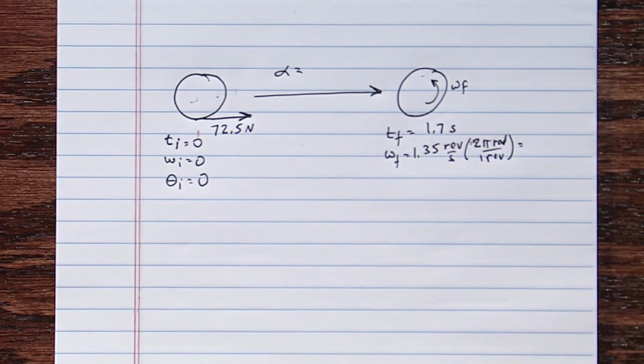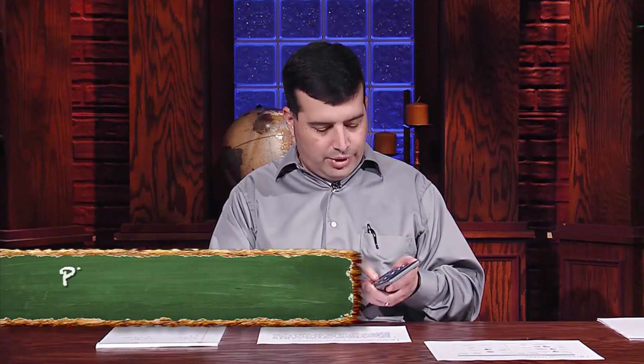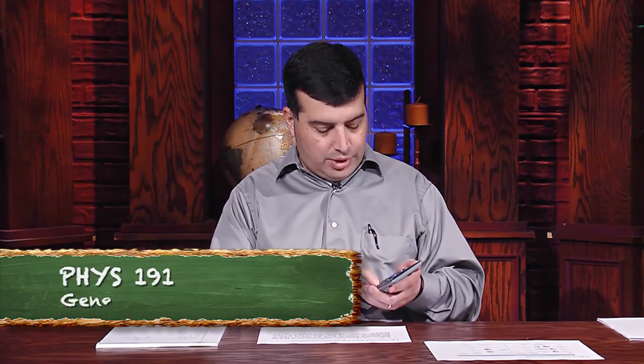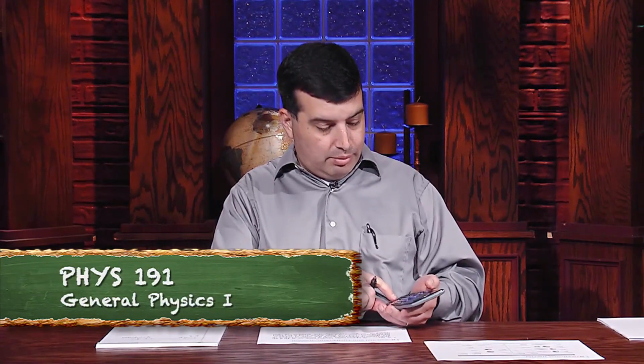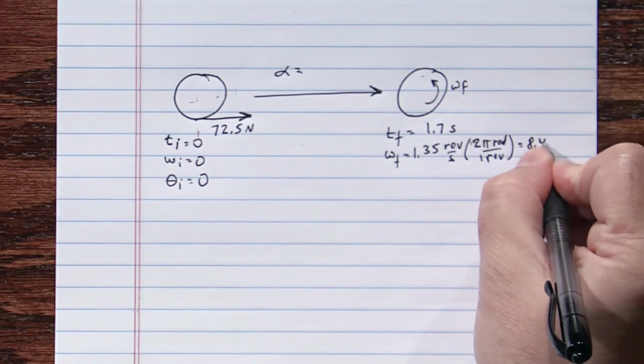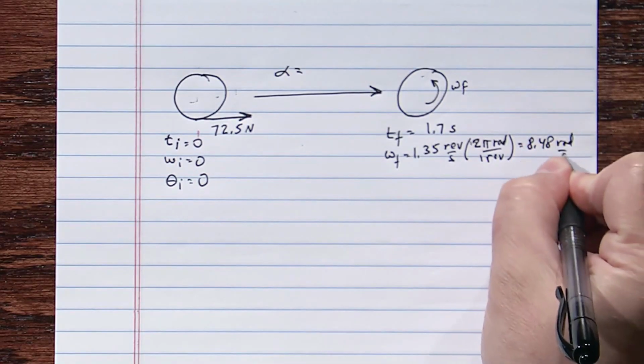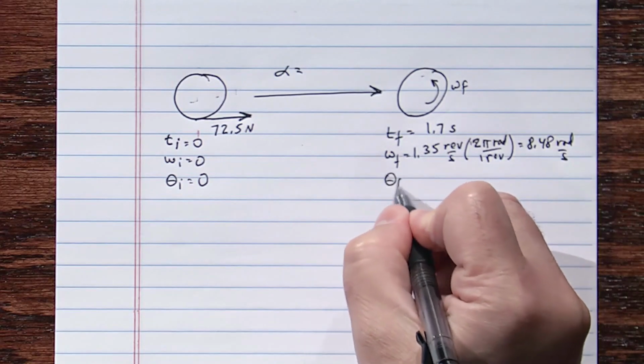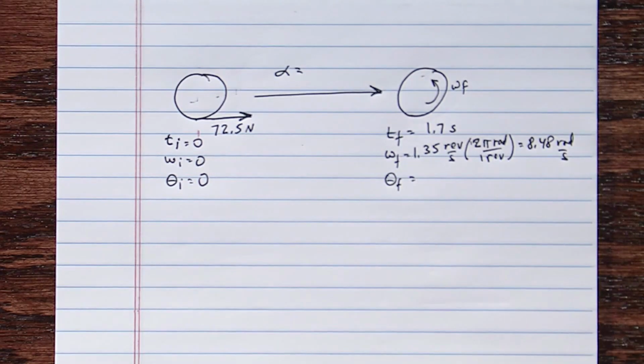That becomes 1.35 times 2 times pi, or 8.48 radians per second. And theta final, we don't know. And we also don't need to know. We're not asked for that.